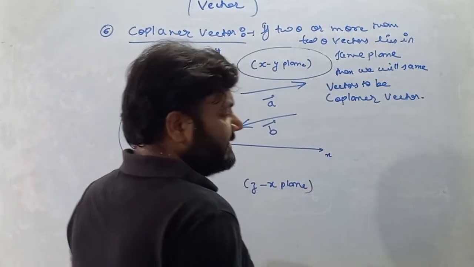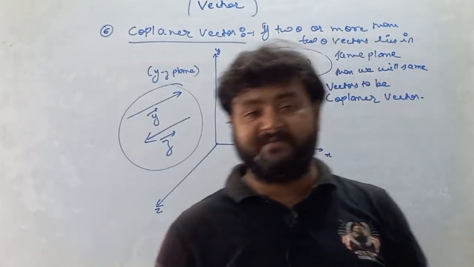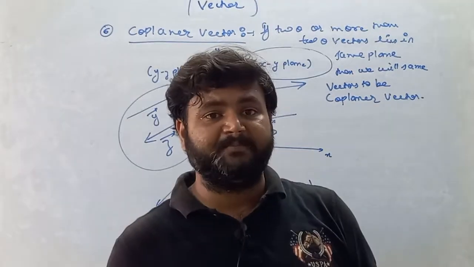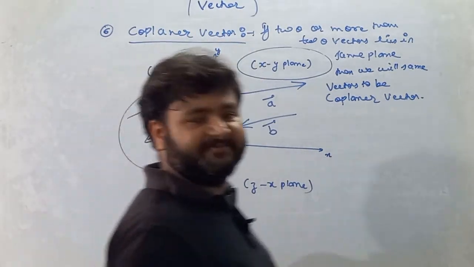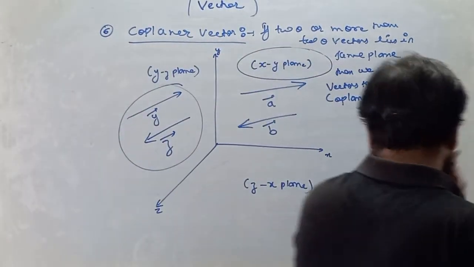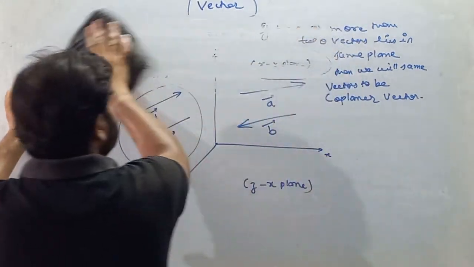So remember this thing, beta. If two or more vectors lie in same plane, then only we will say the vector is coplanar vector. So I hope you all understand what coplanar vector is.